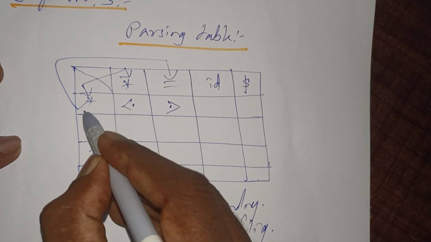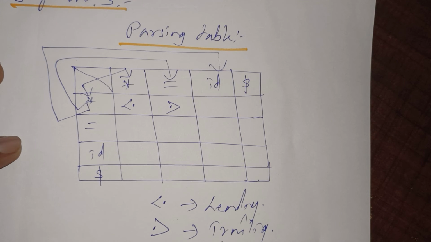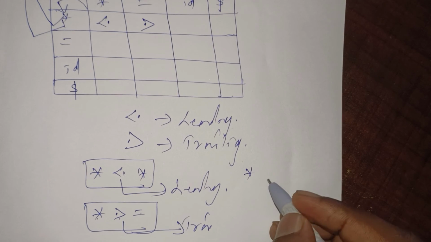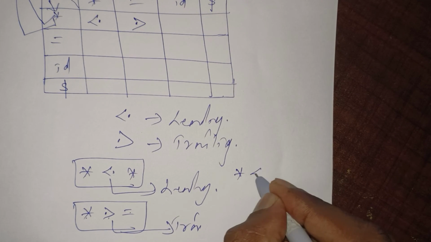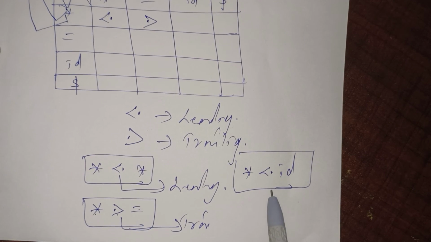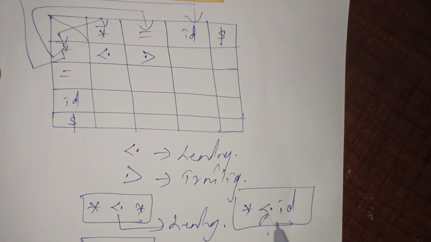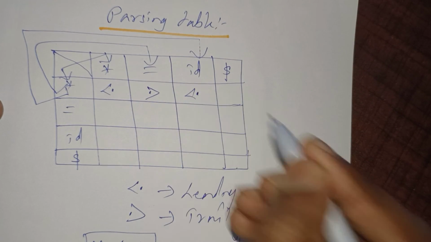After that I am taking asterisk and comparing it with ID. So asterisk and ID, what is the symbol I got? I am comparing this asterisk with this ID, and I am getting the leading symbol. You can check with the previous step number 2. Whatever symbol I am getting, that symbol has to be represented over here.